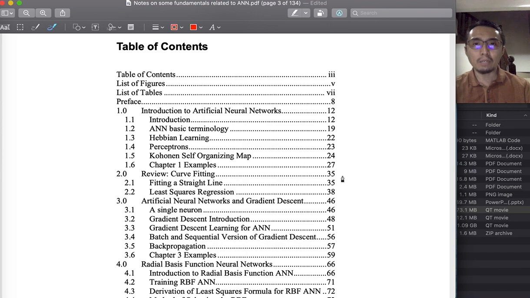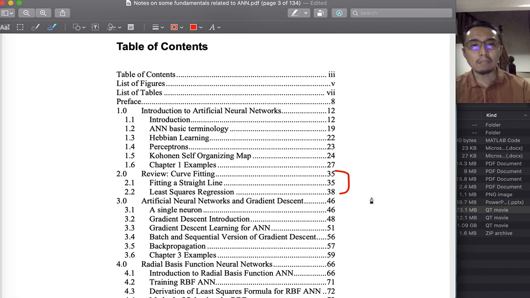So we looked at the problem of curve fitting before and then derived how we can solve the problem using artificial neural network. First of all, we solved the least squares regression using polynomial, if you recall.